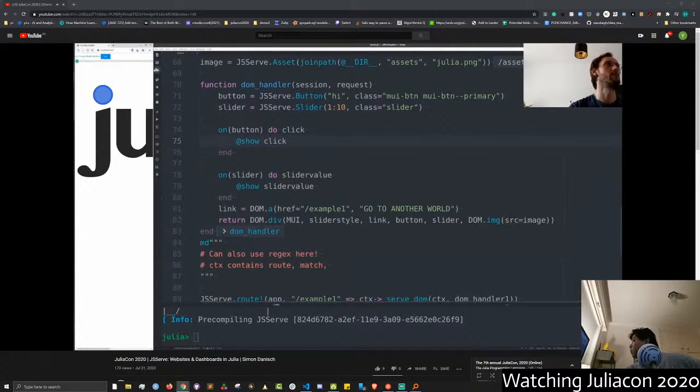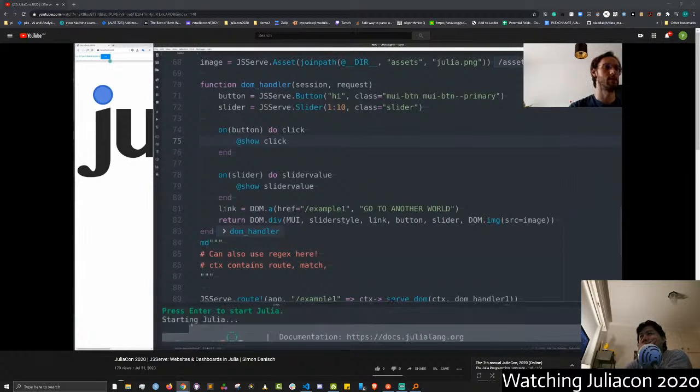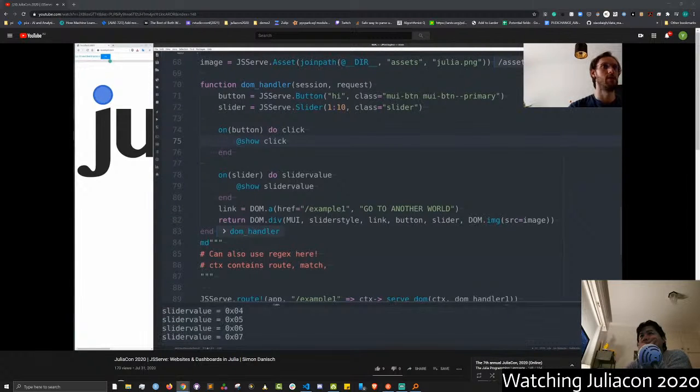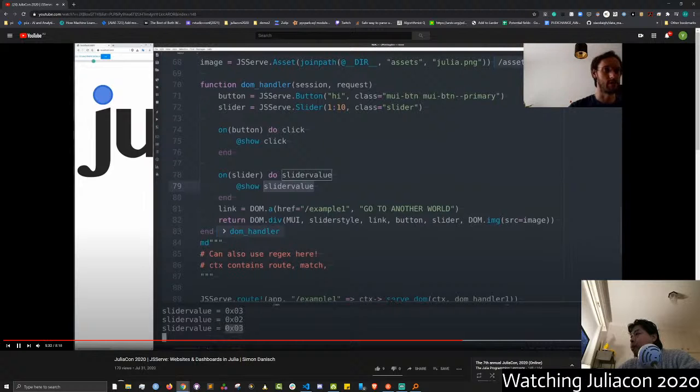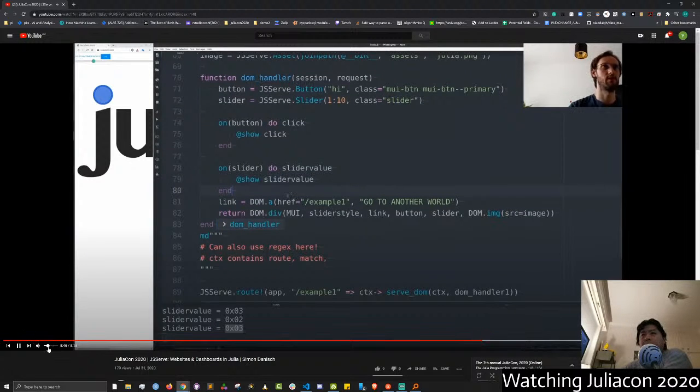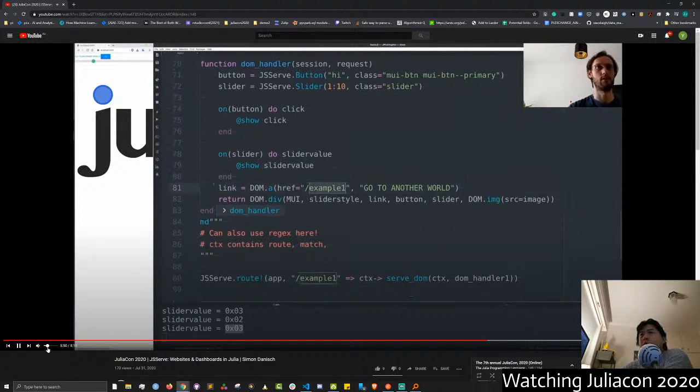And now we will get this new styled app. And as you can see here, on any slider move, we show the slider value, and we can see that this corresponds to this. Interesting. The little weirdness here is, as you can see, these are unsigned 8 values. That's because we're using MessagePack, which packs any value to the smallest integer or float it fits into, which is very effective but can be a bit annoying. As you can see, we already also have a link here.